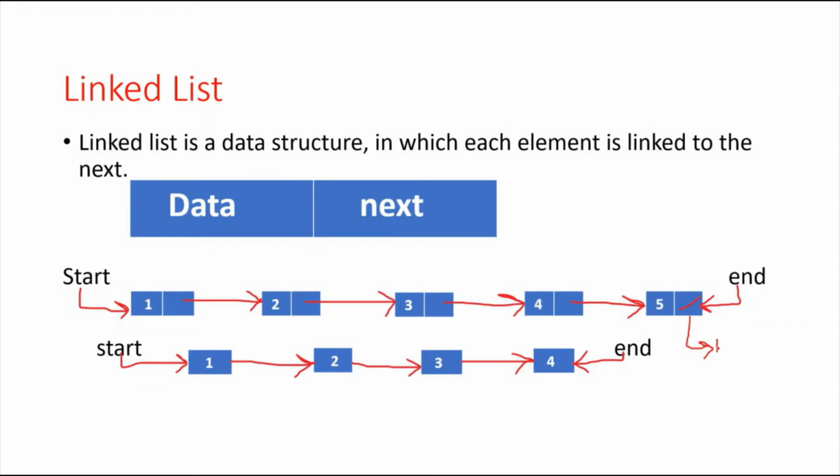Here next is null, and it is the end of the list. If we don't have any element, the list will be empty, and our start pointer will be null and the end pointer will also be null.